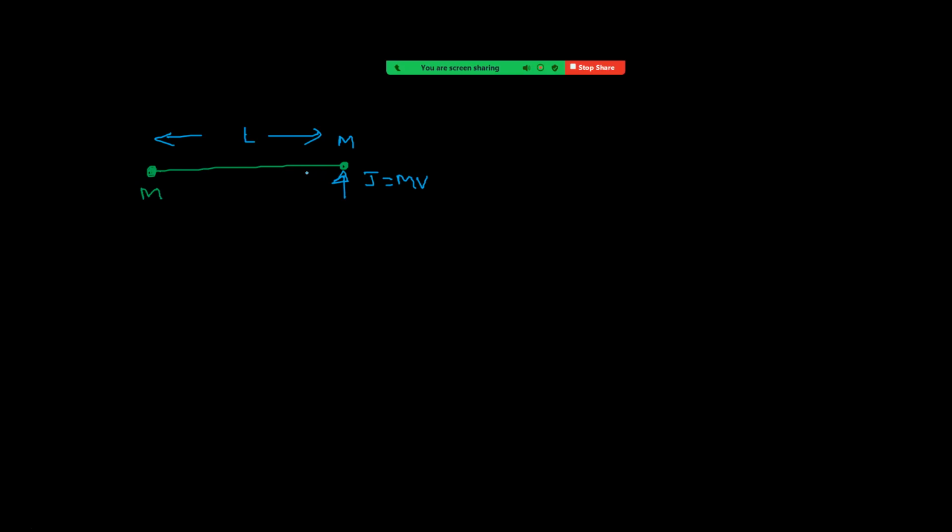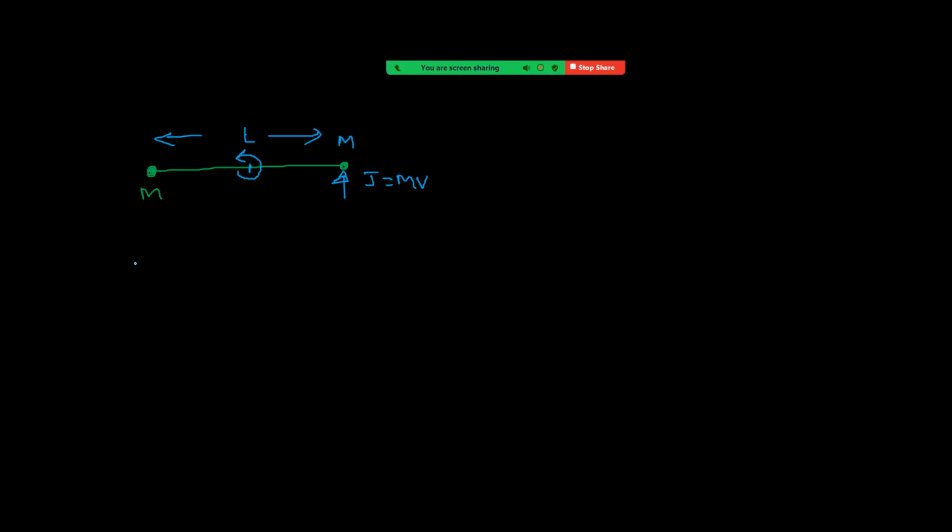See now what happens. When an impulse is given, now for this rod, rotation will be about center of mass. Since both have same masses, center of mass will be center of the rod. Okay. So rotation will be now anti-clockwise.